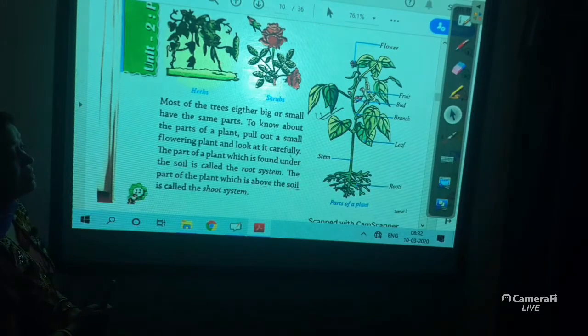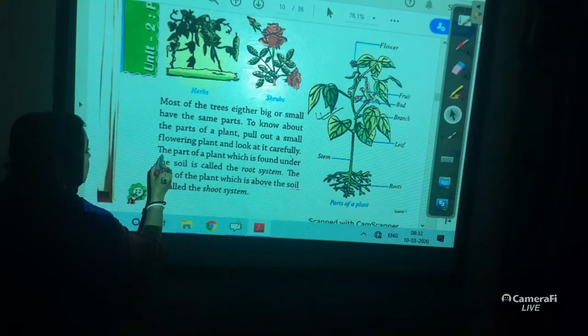So there are different parts we can see in all types of plants. Yes, what are the parts? Flower, fruit, bud, branch, leaf, stem and root. Okay, these are the parts.